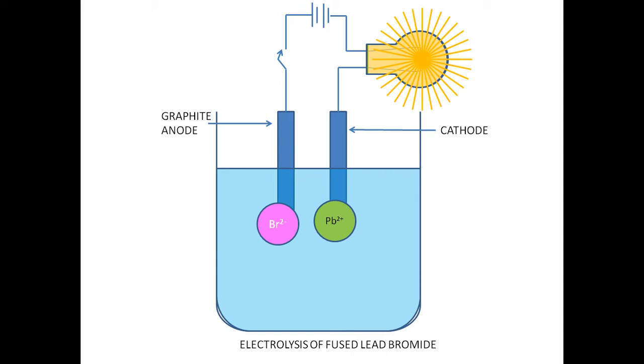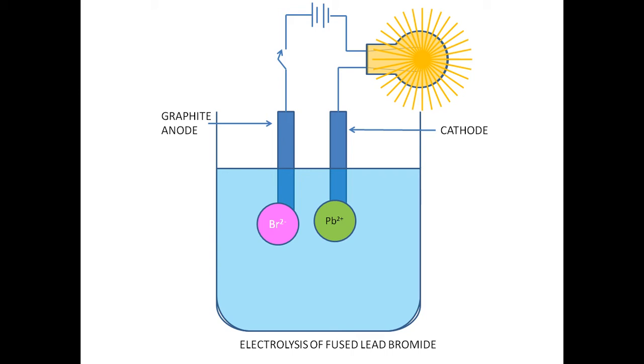Using this example, now we are going to study the topic preferential discharge or selective discharge of ions. Selective discharge means we are having two or more than two cations as well as two or more than two anions.